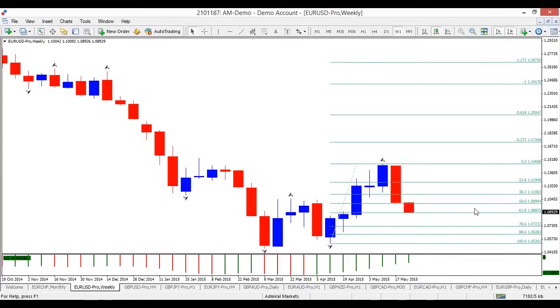But if it does break, if price does push through with a good 4-hour candle below 108.75, then we could be looking at 107.50. 107.50 is a quarter level, so a psychological level, and a 78.6 fib.